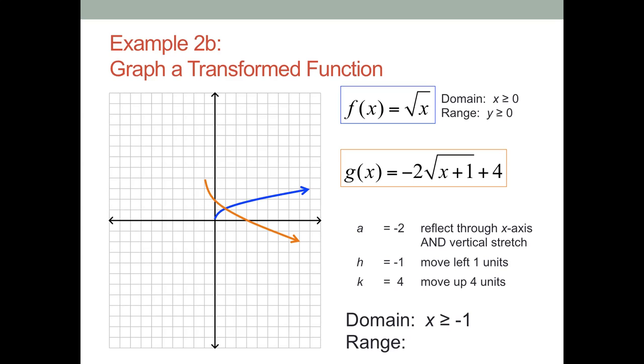So now instead of going up from the endpoint, which would be greater than, I'm now going down from the endpoint. And so my range ends up being y is less than or equal to 4. The 4 is because I moved up the 4 units. The less than or equal to is because of the reflection due to the negative a.